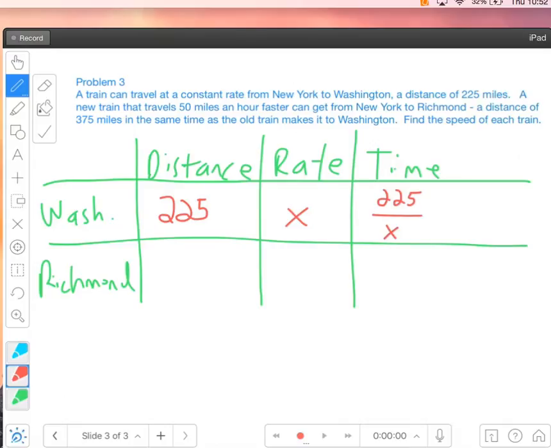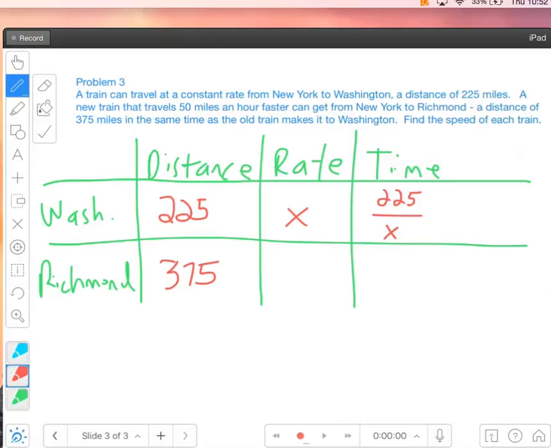Now for the Richmond train, we can do the same thing. We can fill in the information we know about that train. We know that from New York to Richmond, that is 375 miles. The rate of that train we will also be asked to solve for, but we know that it's 50 miles an hour faster than the Washington train.